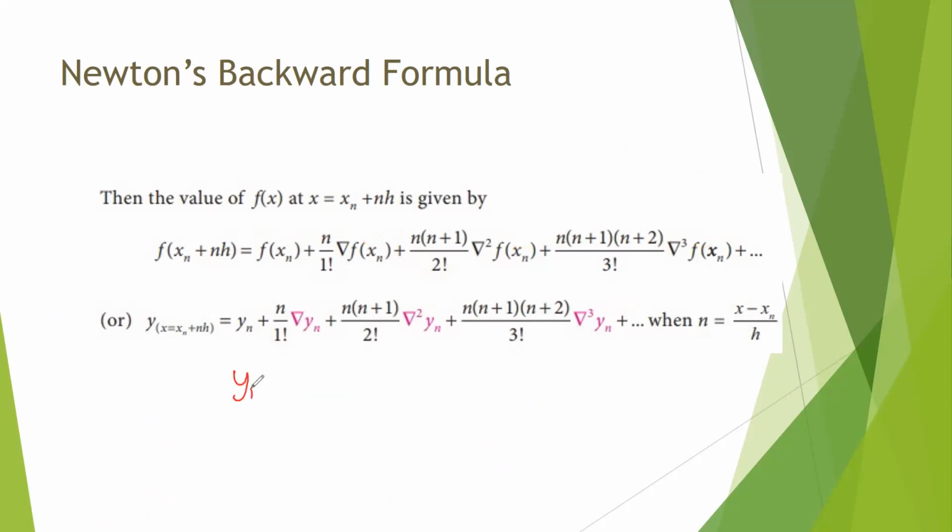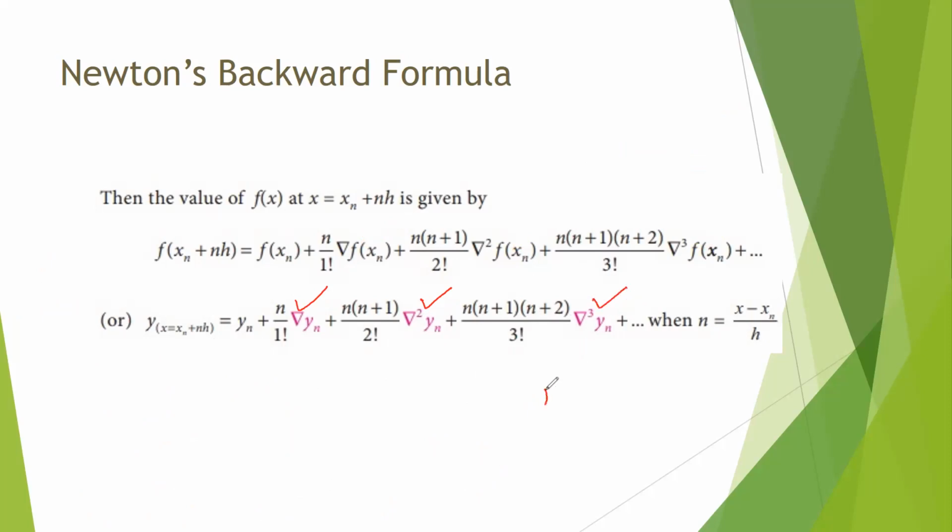Now let us understand Newton's backward formula. y equals yn plus n divided by 1 factorial into nabla yn, plus n into n plus 1 divided by 2 factorial into nabla square yn, plus n into n plus 1 into n plus 2 divided by 3 factorial into nabla cube yn.